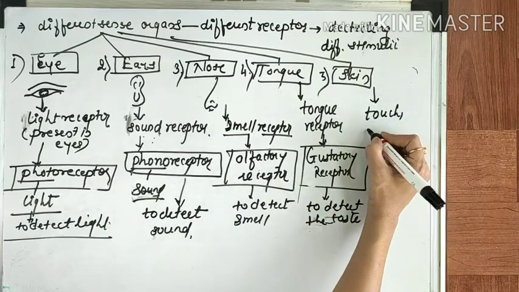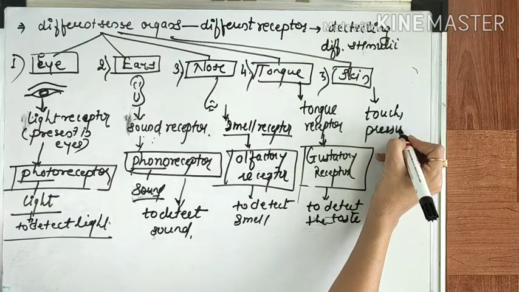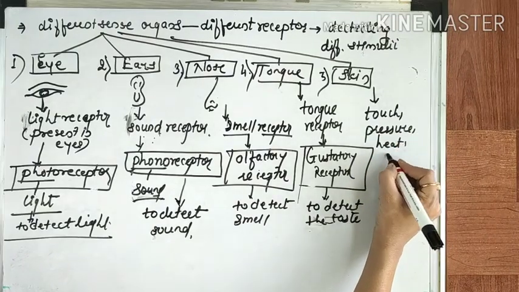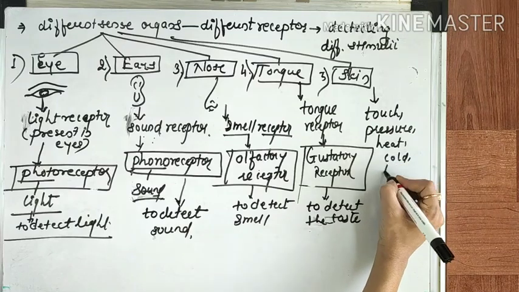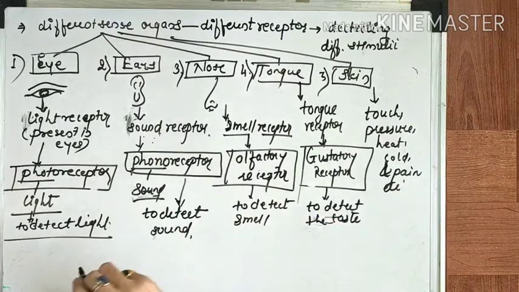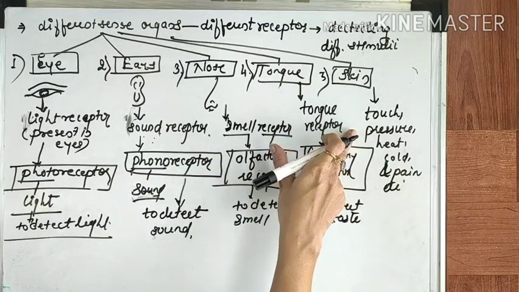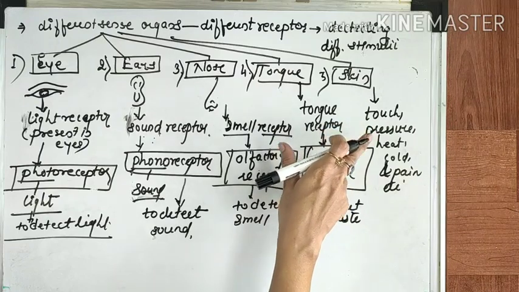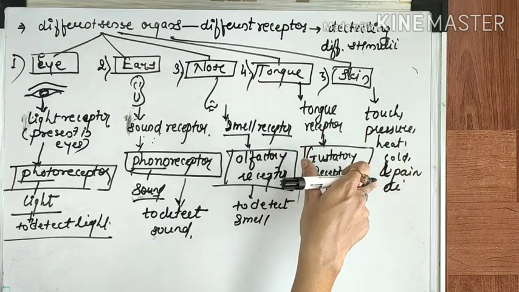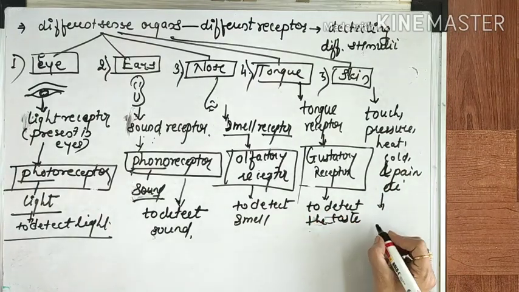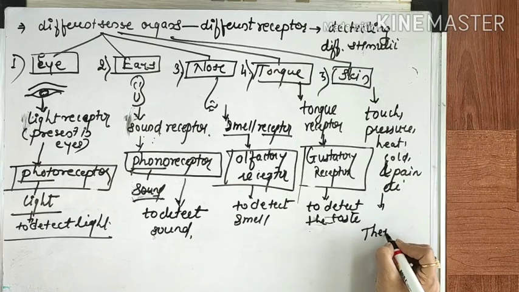They also help to detect pressure, heat, cold, and pain, etc. So the receptors present on the skin help to detect touch, pressure, heat, cold, and pain, etc. That's why that receptor is known as thermoreceptor.